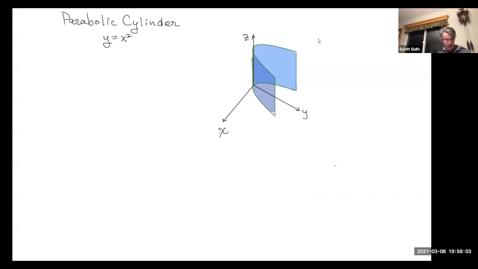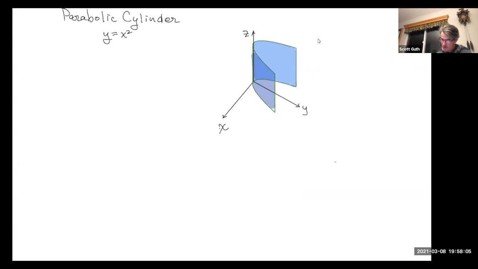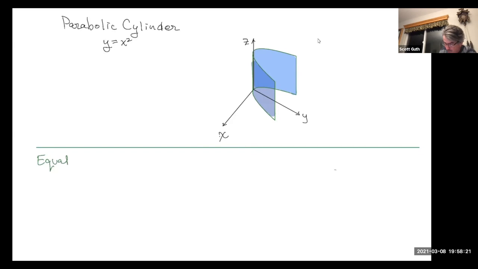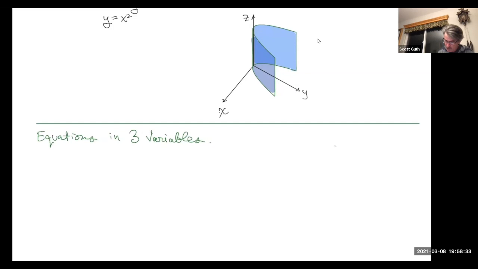All right, now the harder ones. Let's go ahead and first of all, I should define what is called a trace. I'm just going to jump into this new section. I'm going to call this equations in 3 variables. Okay. Just the term trace.